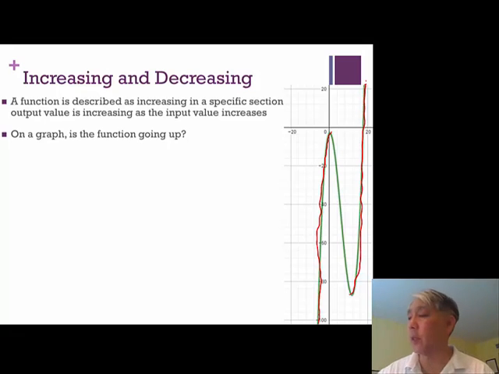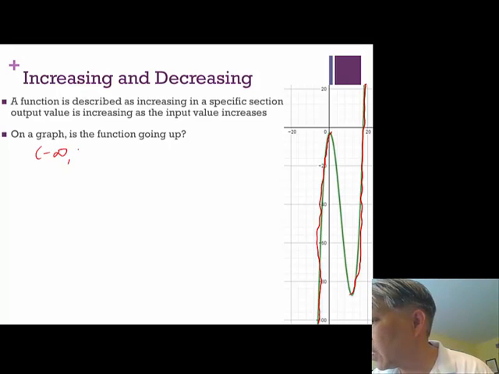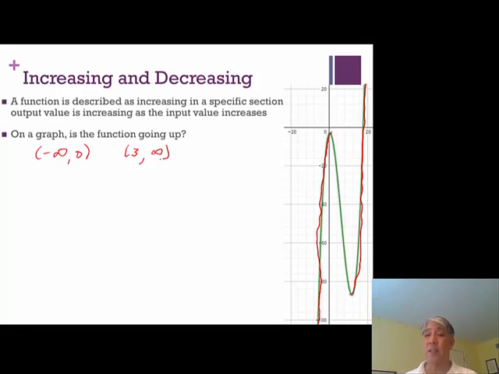So I would describe this as saying, from minus infinity to roughly 0, it's not actually 0, but we'll figure that out at some other time, I am going up. Using parentheses, they're always going to be open intervals. The other region that it's also doing that is from positive 3 to plus infinity on the x-axis. These are all x values.